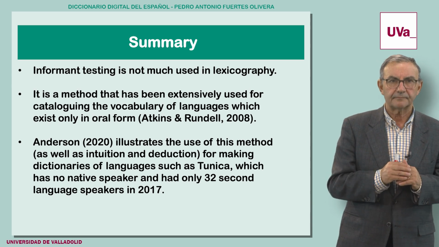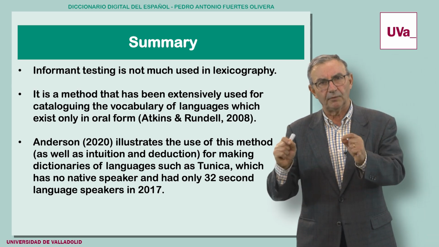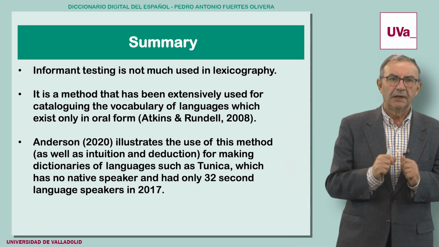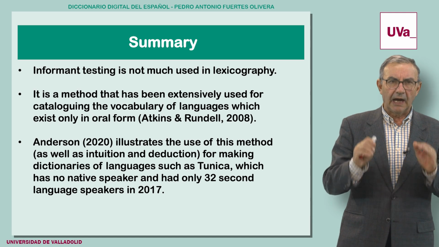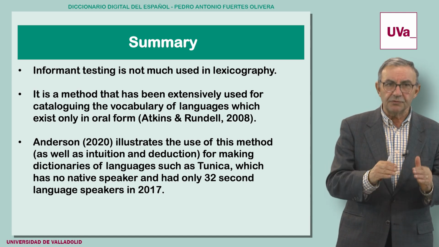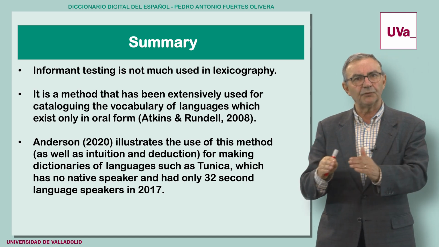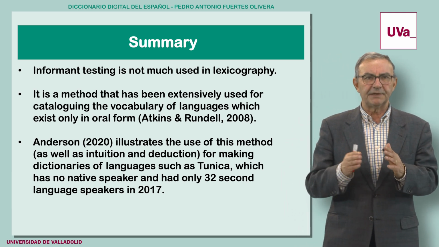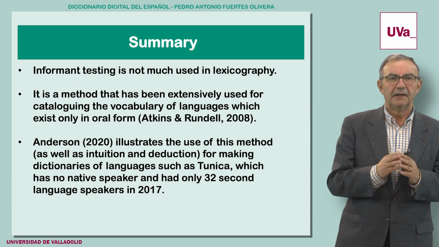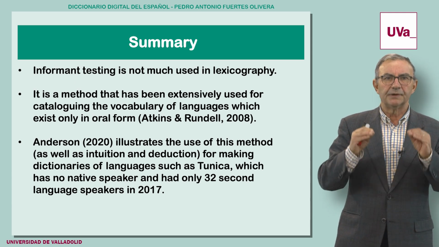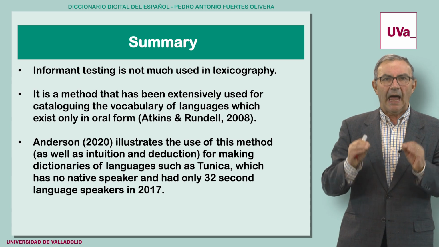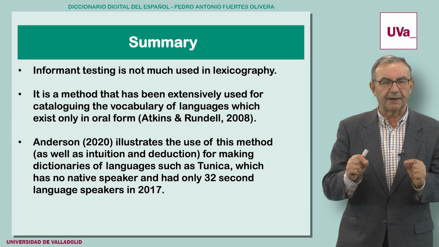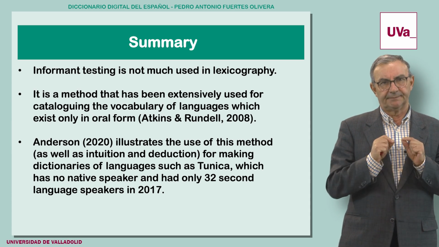An example of this method is explained by Anderson, who illustrates how this method has been used, as well as intuition and deduction, for making dictionaries of languages such as Tunica, which has no native speaker and had only 32 second language speakers in 2017.